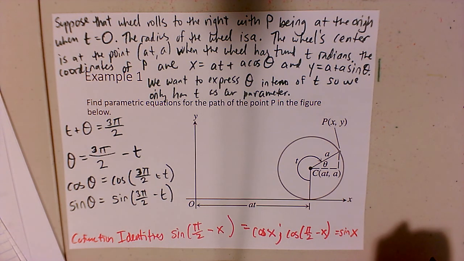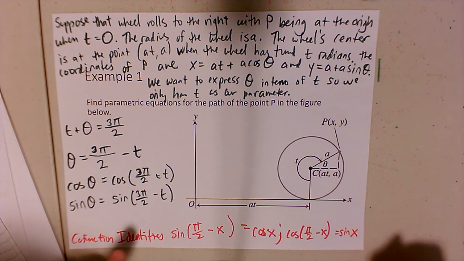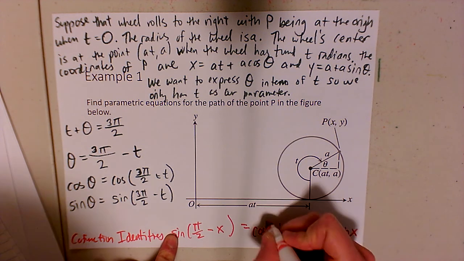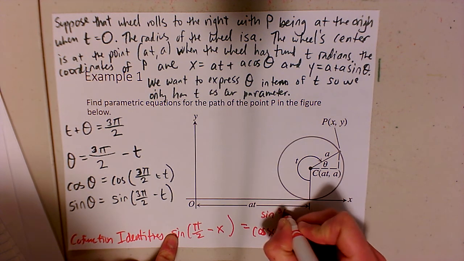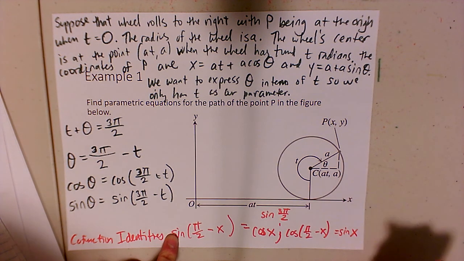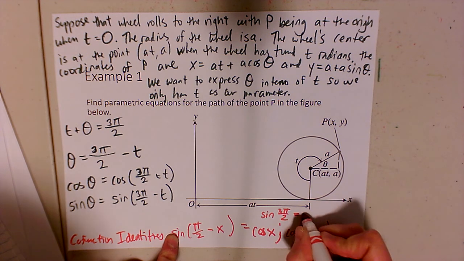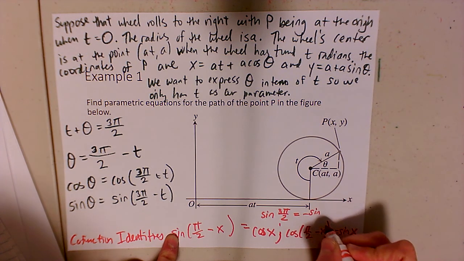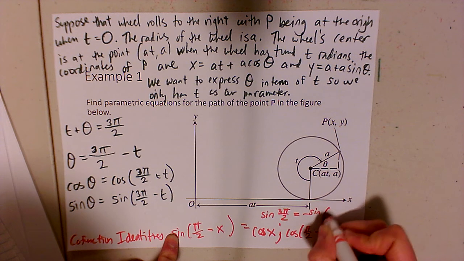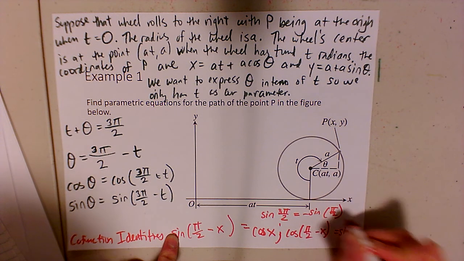Alright, so if we have the sine of 3 pi over 2, well, that's the same thing you know from your trig as negative sine of pi over 2.